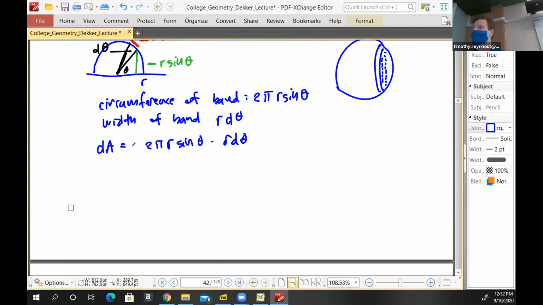And then, of course, we would simply integrate that. So the surface area of the sphere would be given as the integral from 0 to pi of, we can combine the r's to have r squared, 2 pi r squared sine theta d theta.